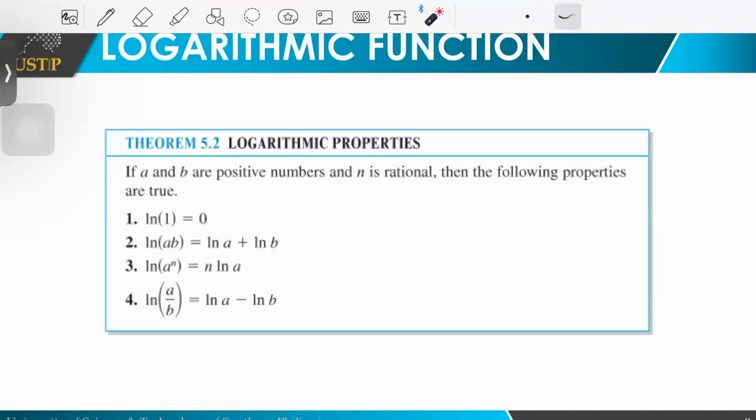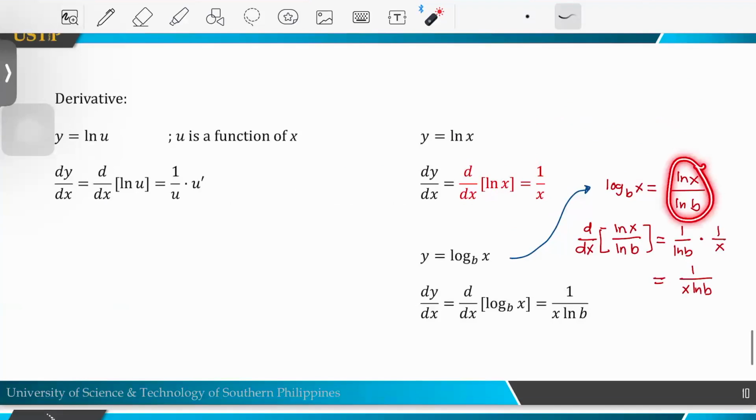This is not for the logarithmic class, but your exponent here, class, you can bring down if it complicates your solution; it's better to bring down the n because they are equal. ln of a over b is different from ln x over ln b.